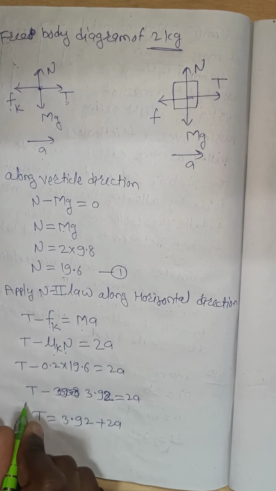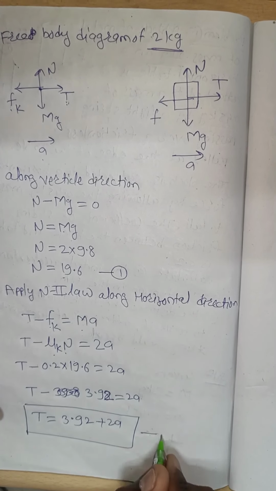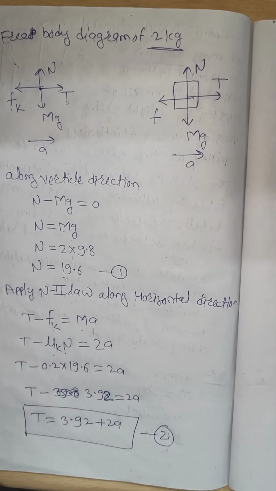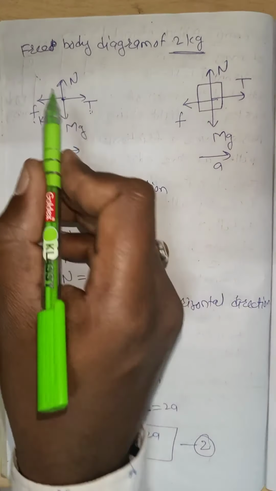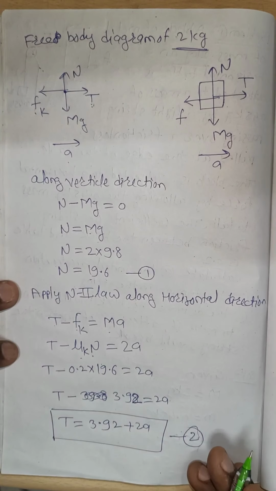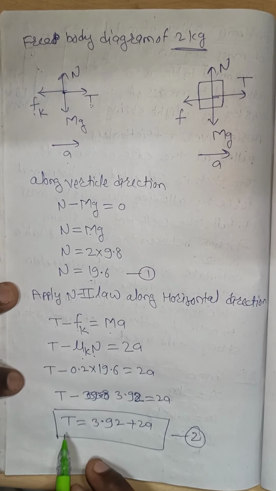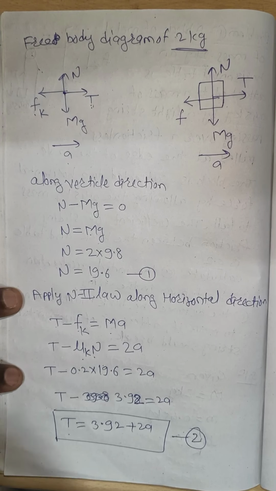Okay, therefore tension is 3.92 plus 2a. Now we have to treat this as equation number 2, by drawing a free body diagram of the 2 kg mass. From that we get tension force T is equal to 3.92 plus 2a.